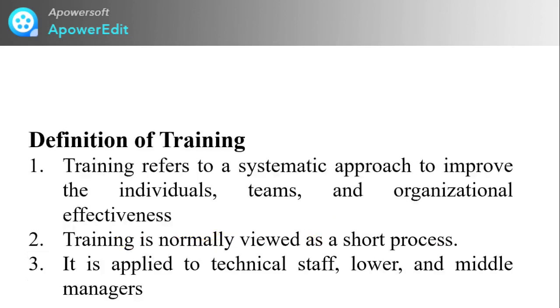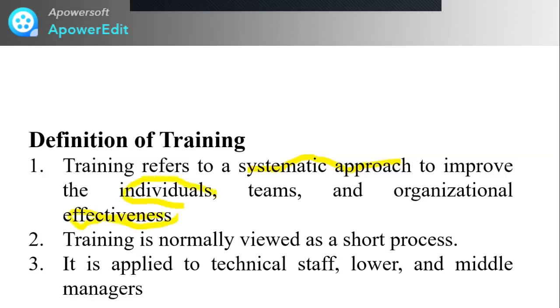These are the characteristics of training. Training refers to a systematic approach, a systematic process to improve individual, team, or organizational effectiveness. Through the training program, we try to improve individual performance, team performance, and finally organizational performance. Training is normally viewed as a short-term approach.